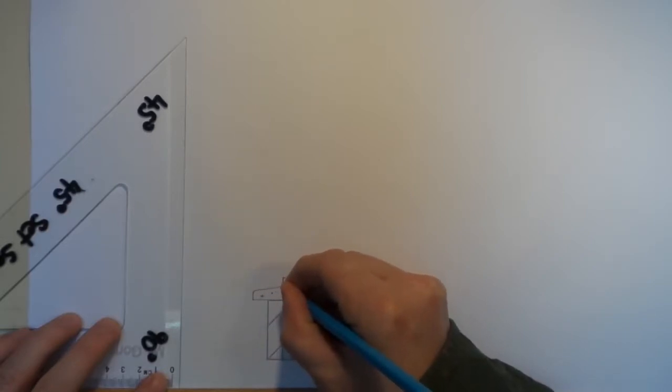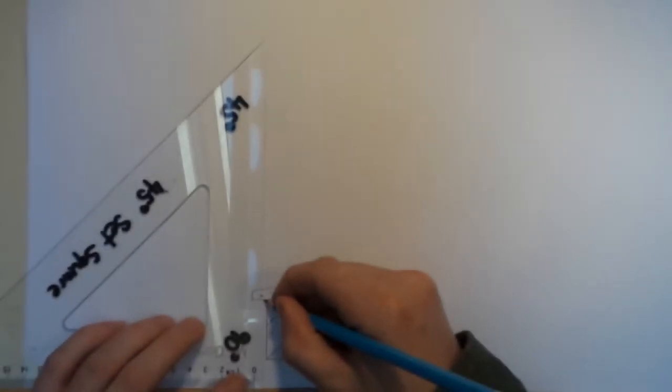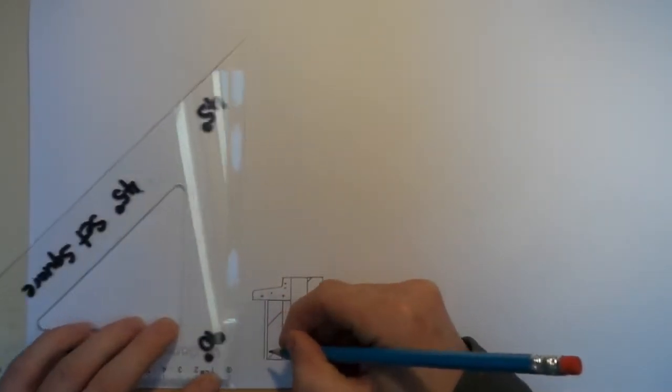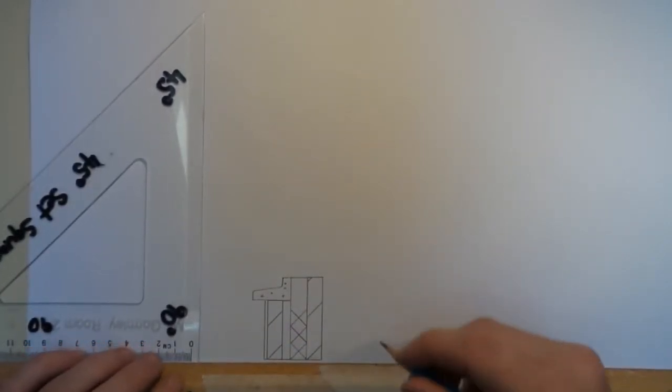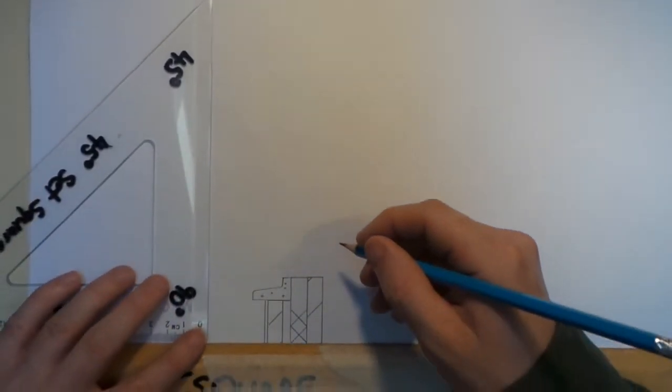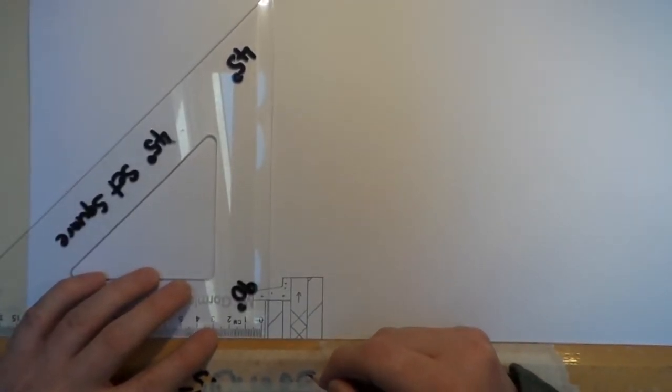Concrete windowsill is reinforced with steel. On the outside we will have our external render, and then, of course, the insulation goes to the top.